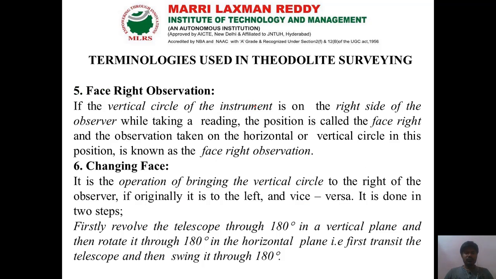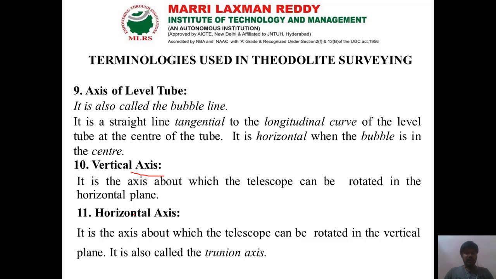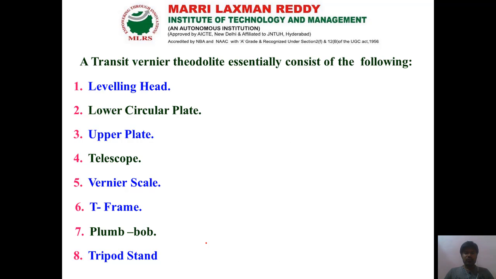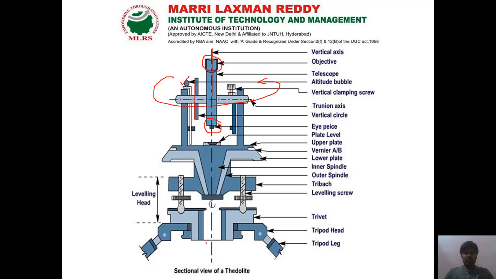Next, horizontal axis. It is the axis about which the telescope can be rotated in the vertical plane. It is also called the trunnion axis.